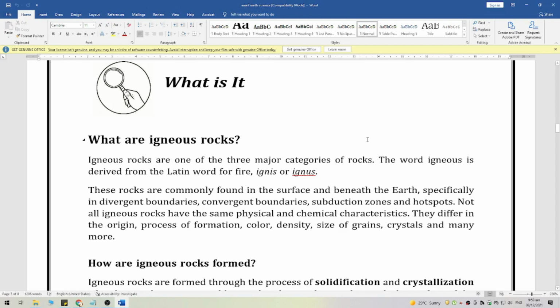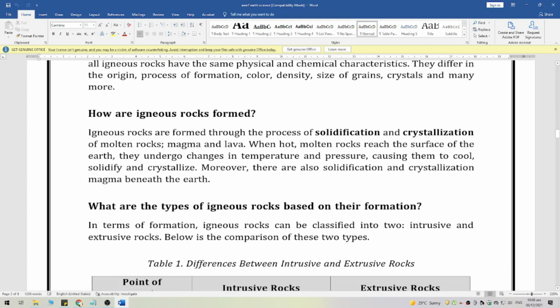These rocks are commonly found on the surface and beneath the earth, specifically in divergent boundaries, convergent boundaries, subduction zones and hotspots. Not all igneous rocks have the same physical and chemical characteristics; they differ likewise in origin, process of formation, color, density, size of grains, crystals, and many more.